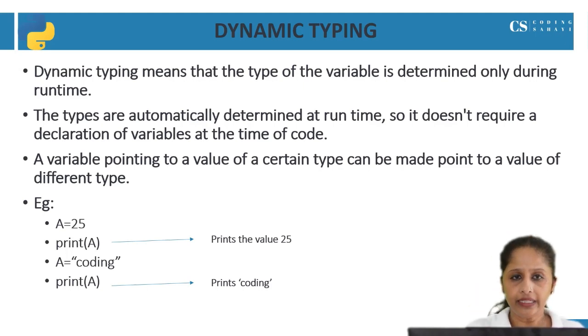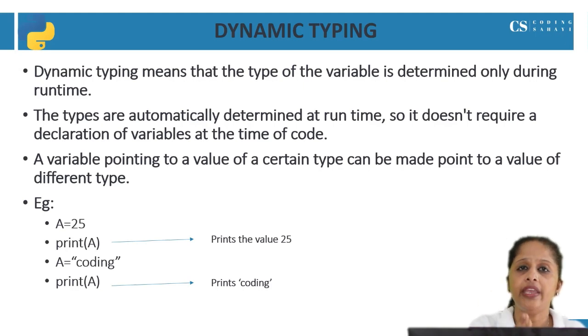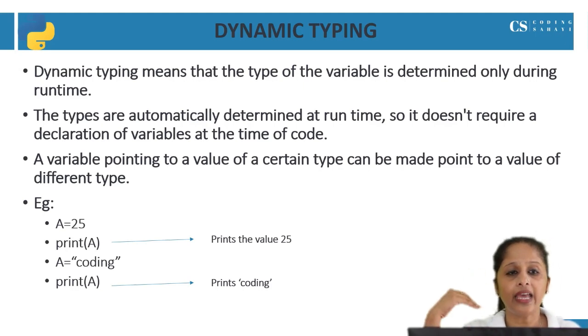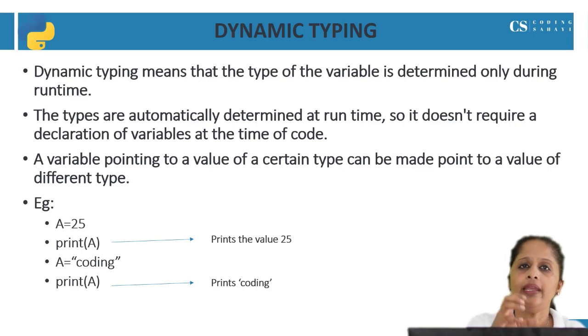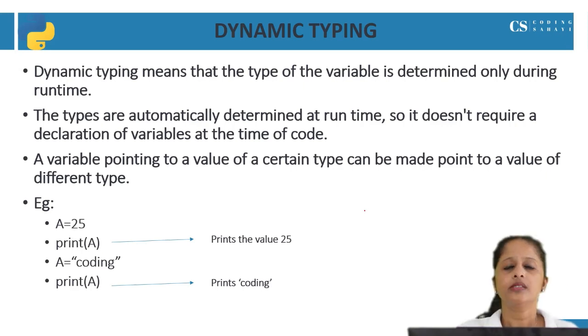Dynamic typing means the type of the variable is determined at the time of running, that is, during the runtime, while executing the program. That time only the type of the variable will be identified. In other programming languages like C, C++, Java and all, if you are writing a variable, you must declare it first.